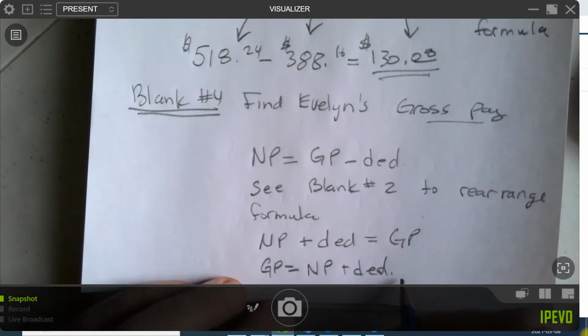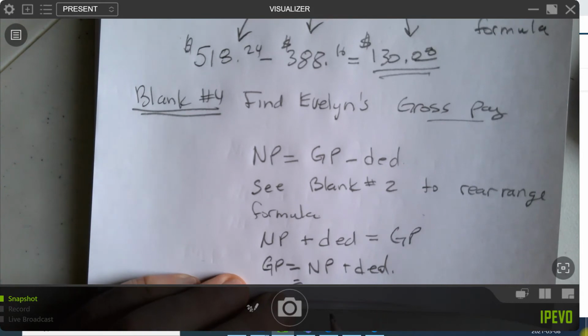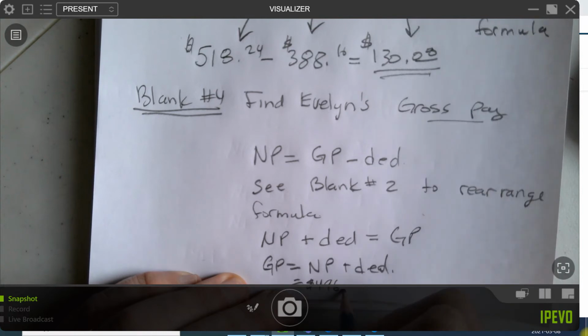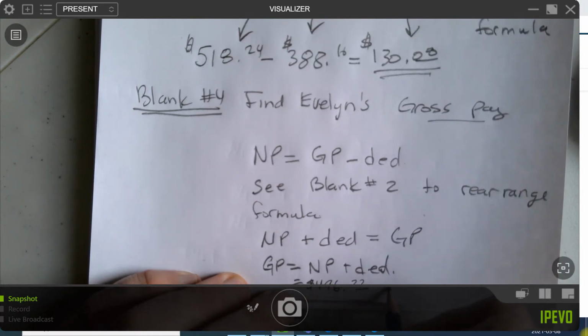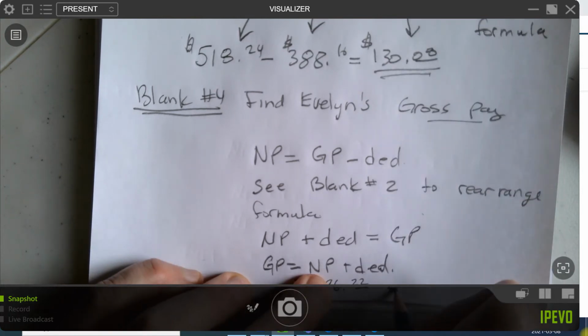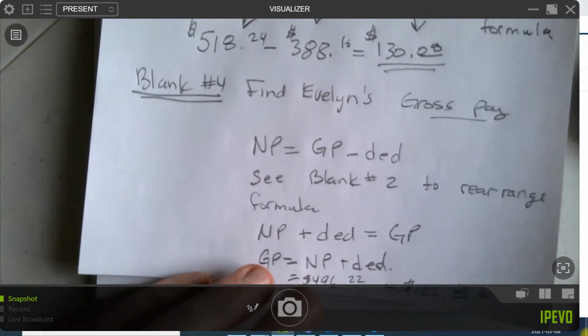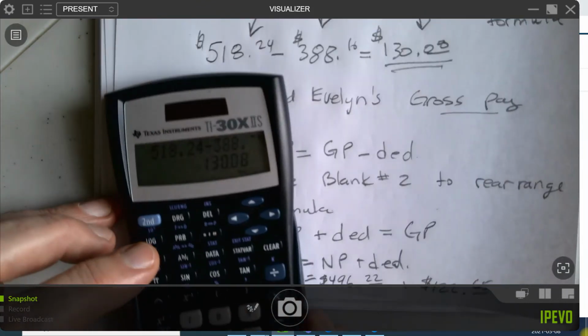So what do we have? We have net pay, in this case for Evelyn, is $496.22 plus our deductions of $122.65. And that gives us a total of, and again, I'll just plug it into my calculator here.